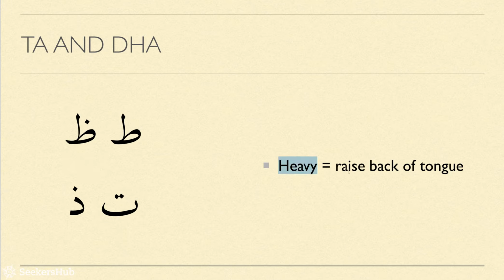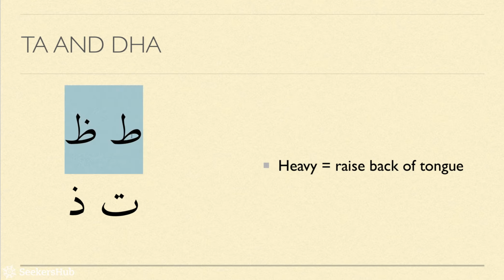So it becomes heavy by raising the back of the tongue, and it affects slightly as well the way that the front of the tongue is touching the place behind the front teeth.